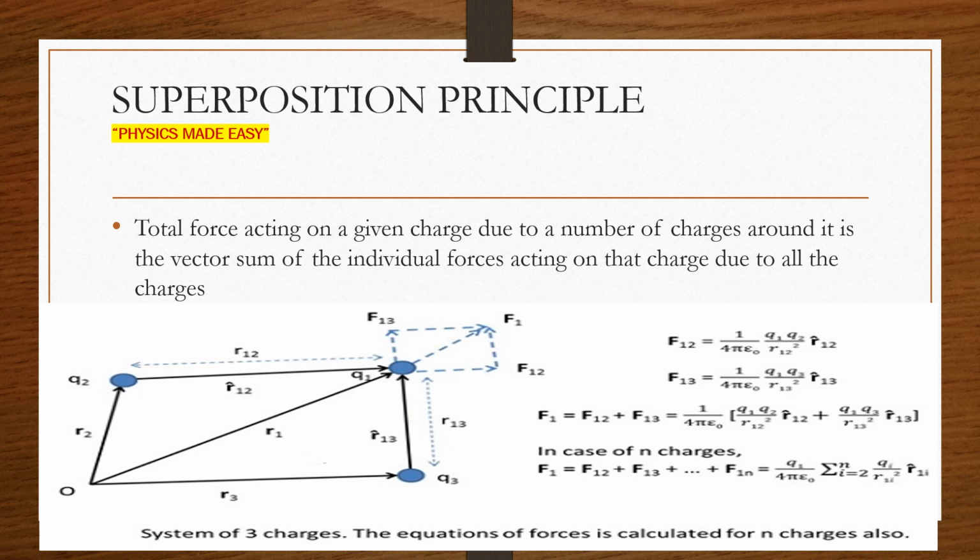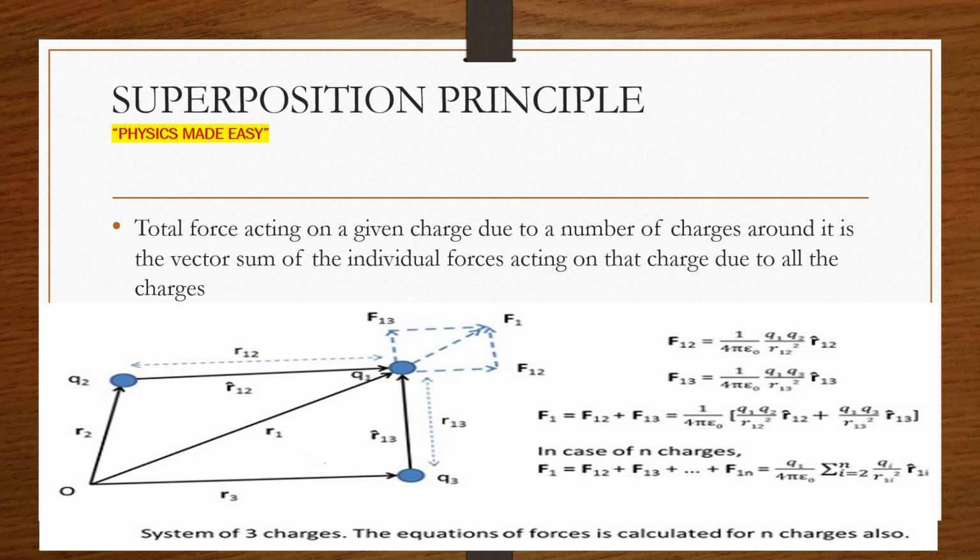This is equal to 1 upon 4 pi epsilon naught, Q1 Q2 divided by R12 squared. We can clearly see in the figure the distance between Q2 and Q1 is R12, and along with that R cap 12 is written. R cap 12 specifies the unit vector, or the direction of the force.